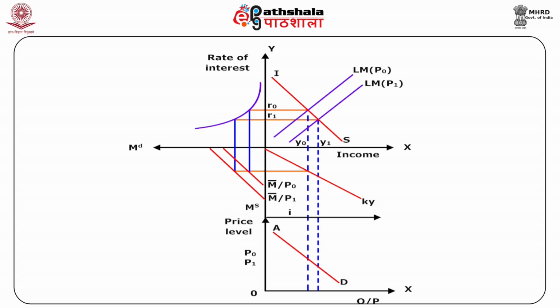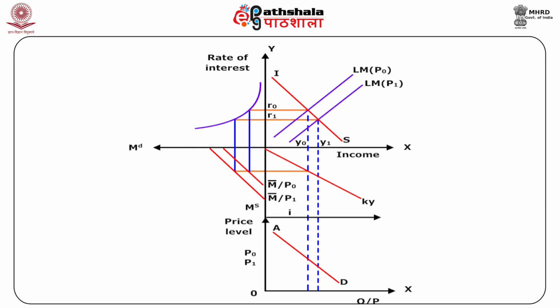Therefore, at the given rate of interest R0, M2 would be exactly equal to the excess of money supply over and above M1, which is a function of Y0, at the given level of income Y0. Therefore, we have completed the equation between the equilibrium rate of interest and the equilibrium level of income.